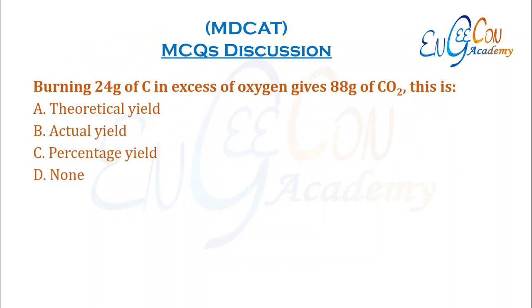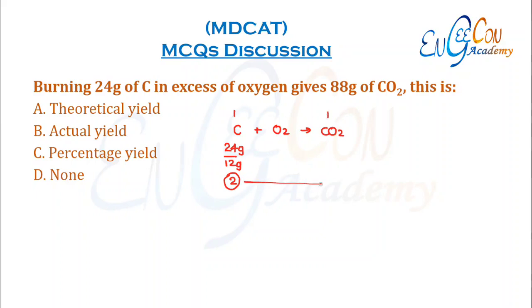Burning 24 grams of carbon in excess of oxygen gives 88 grams of carbon dioxide. So we burn carbon in excess of oxygen to form carbon dioxide. Now 24 grams of carbon equal 2 moles of carbon. According to the balanced chemical equation, 1 mole of carbon gives 1 mole of carbon dioxide.